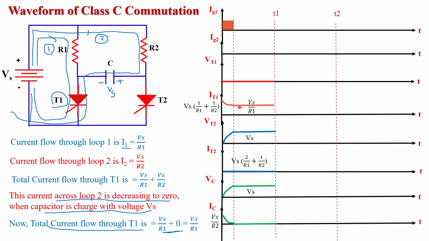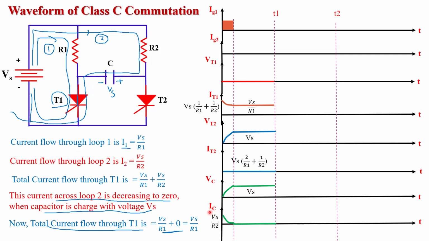Simultaneously we draw the waveform of Vc and Ic. Here, when current flows through loop 2, the capacitor is slowly charged with some voltage. At this point the capacitor is charged with maximum voltage Vs, and when the capacitor is charged with maximum Vs voltage, the current across the T1 thyristor is Vs by R1.